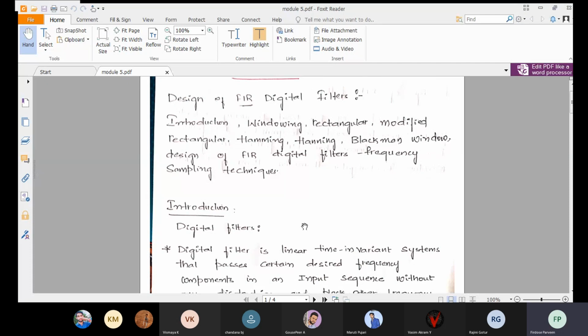So this is the syllabus, that is introduction, windowing. In windowing you have rectangular window, modified rectangular window, Hamming window, Hanning window, Blackman window, and design of FIR digital frequency filters, that is frequency sampling techniques.